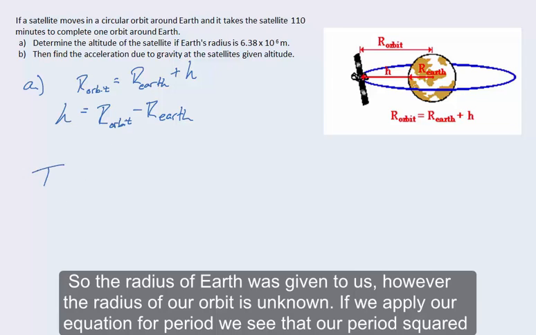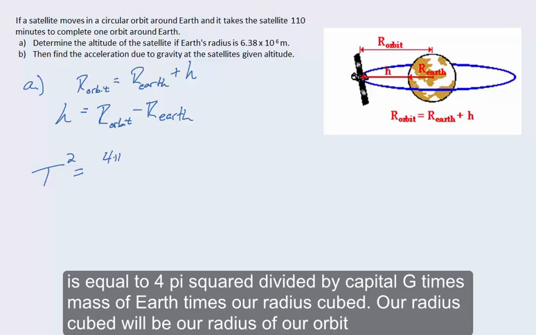If we apply our equation for a period, we see that our period squared is equal to 4 pi squared divided by capital G times the mass of Earth times our radius cubed. Our radius cubed will be the radius of our orbit.